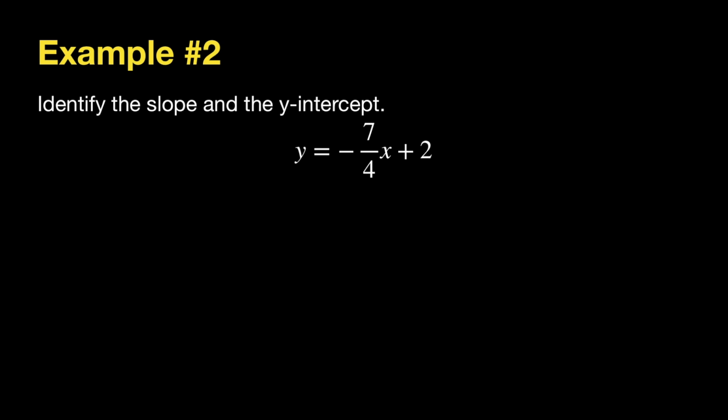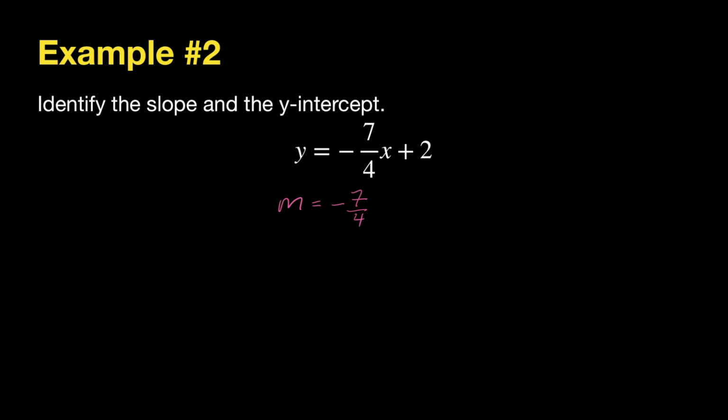Let's take a look at example 2. Again, we're going to identify the slope and the y-intercept, and the coefficient in this case is going to be a fraction. We have 7 over 4, but also keep in mind that this is negative. So that means that our slope in this problem is m equal to negative 7 over 4.